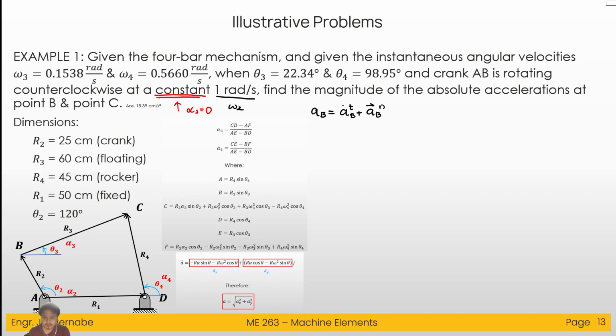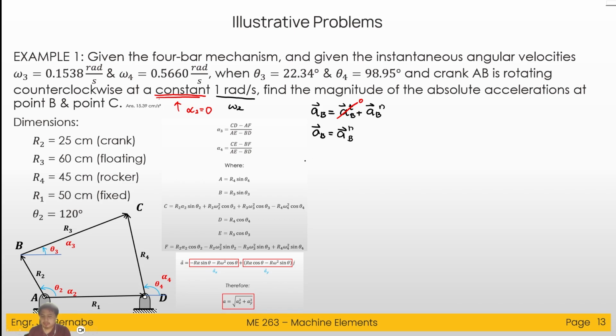We're talking about vectors here, so it is not just adding these two terms. Although in this case, since the tangential acceleration is 0, because the angular acceleration is 0, therefore the total acceleration is also equal to the normal acceleration only. So if you can find the magnitude of the normal acceleration, then we are good to go for point B.